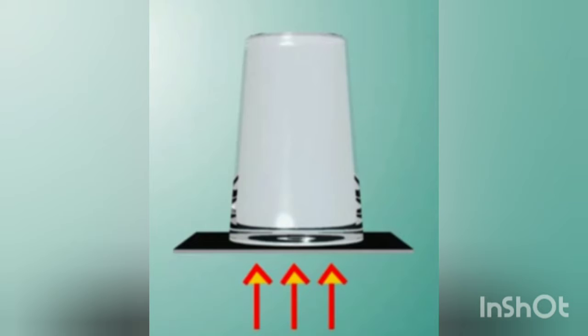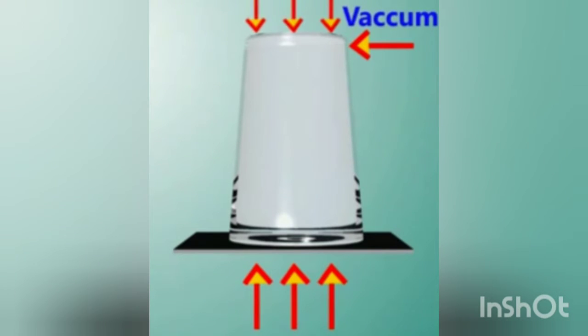How does it happen? Let me explain it to you. The card acts as a rigid membrane between the water and the air. The air pressure pushes up on the card. Air pressure does not push down on the water because there is a vacuum on the top of the water.